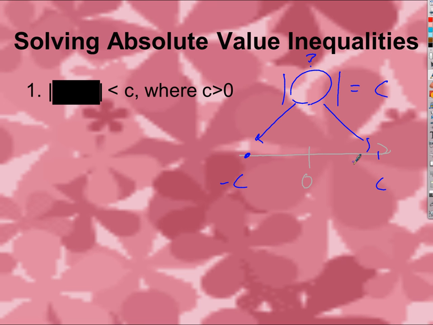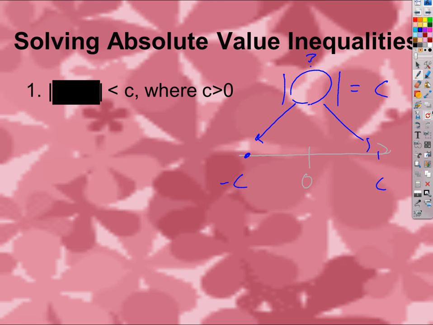What about this case? What if instead, whatever's in the absolute value bars, whatever's behind the black card, is less than c? What is that telling us about the distance from 0 then? If the absolute value is equal to c, that meant the distance from 0 was equal to c.